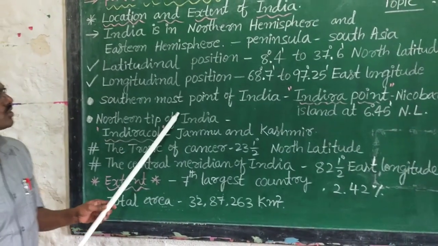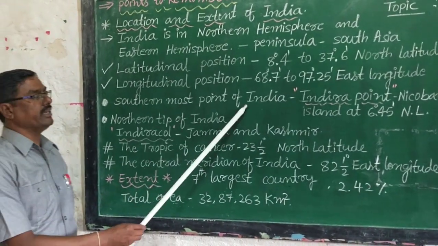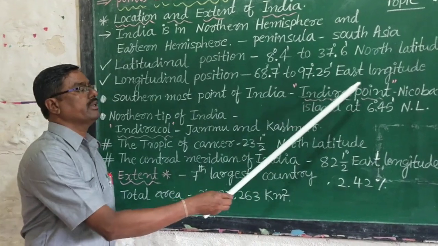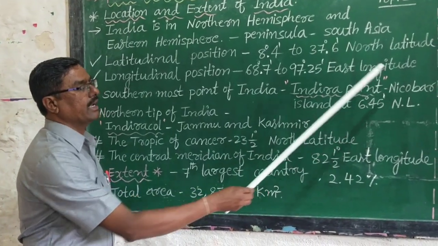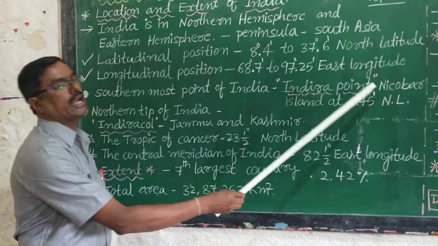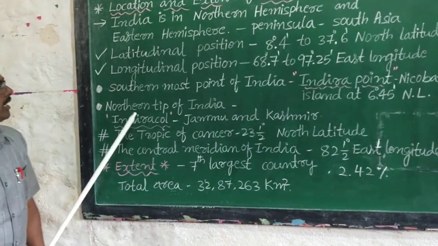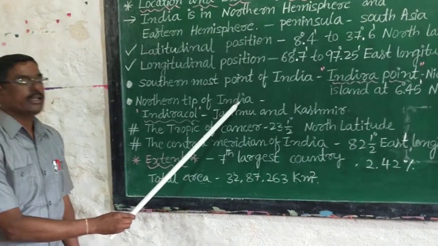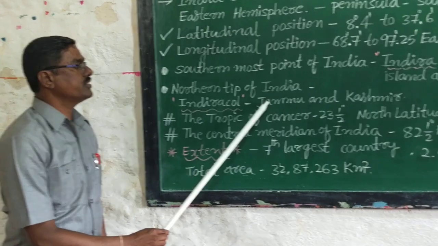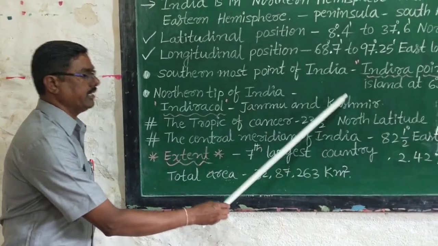The southernmost point of India is called Indira Point, which is in Nicobar Island at 6 degree 45 minutes north latitude. Northern tip of India is called Indira Col, which is located in Jammu and Kashmir.